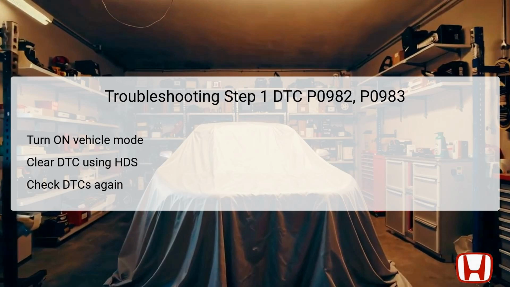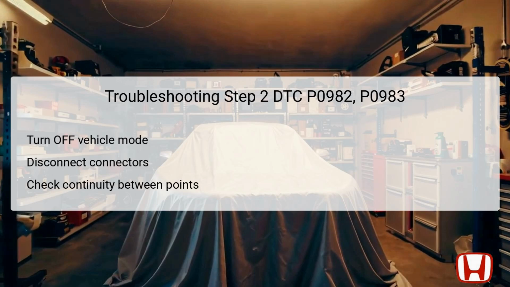For the second troubleshooting step, the goal is to inspect the wiring associated with the Shift Solenoid Valve D. Begin by turning the vehicle ignition to the off lock mode. Next, proceed to disconnect the connectors from both the TCM subharness 26P connector and the TCM 58P connector.